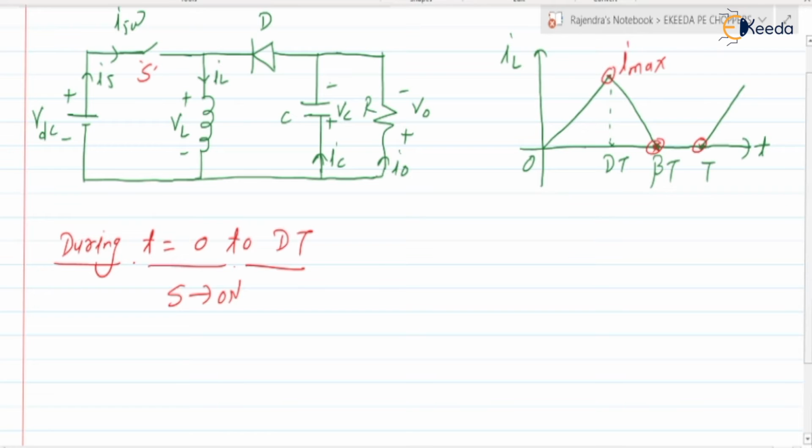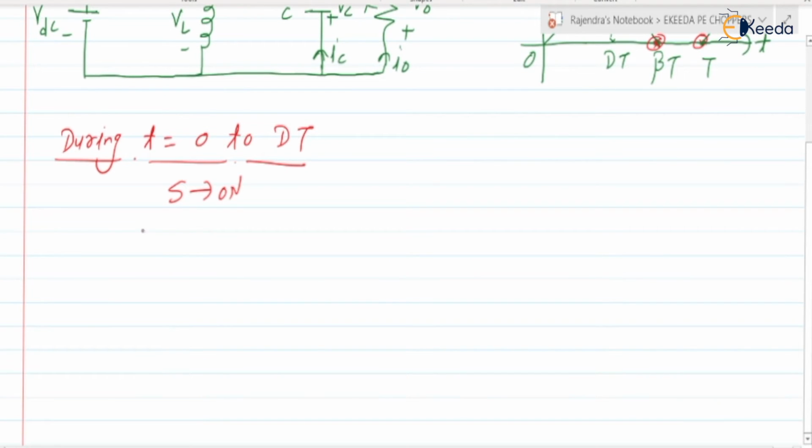If we draw the equivalent circuit, the switch is in the on state, and the inductor goes on storing the energy. This voltage is VDC. The diode will be in the open circuit mode.